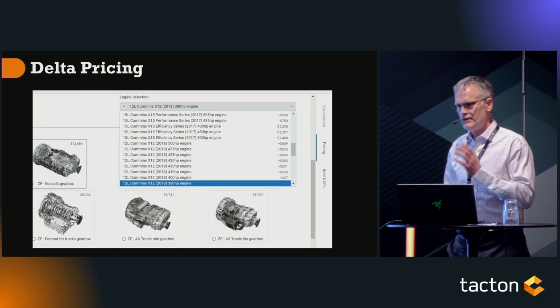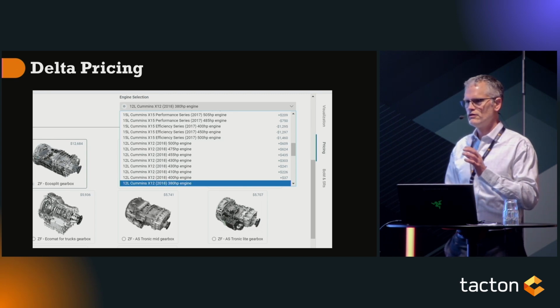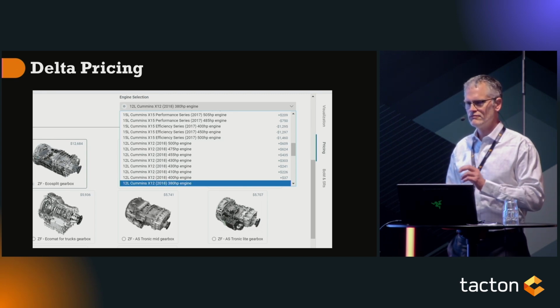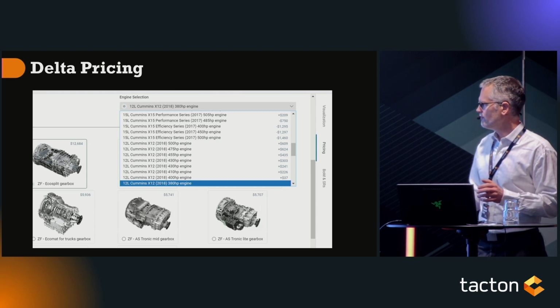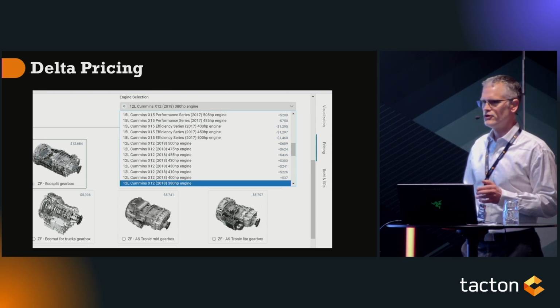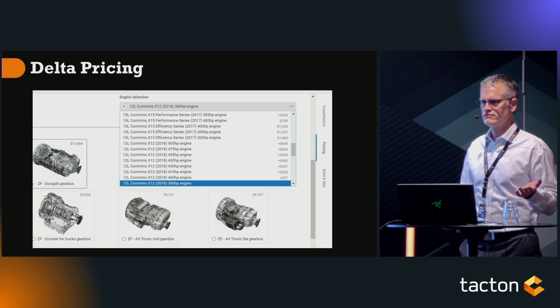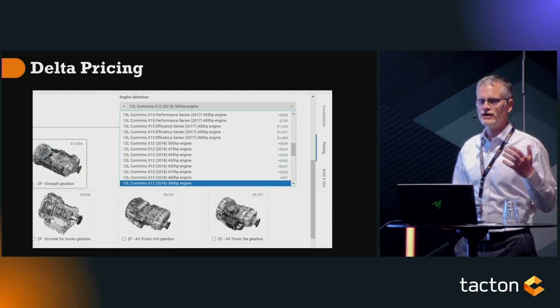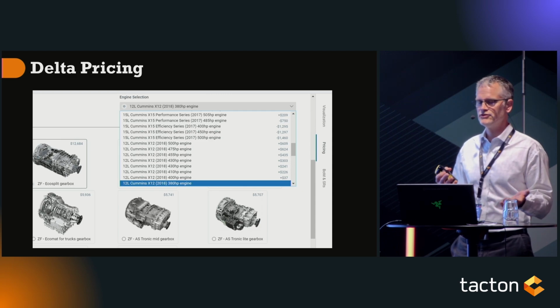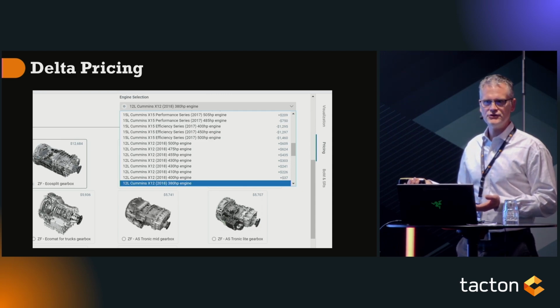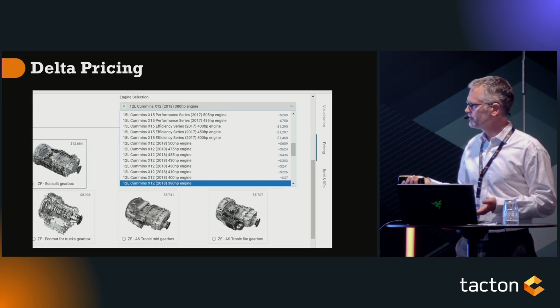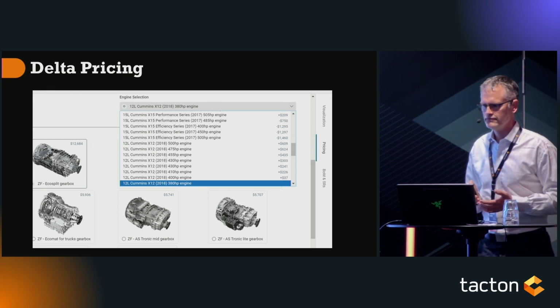This works best for options and accessories, and maybe not as good for central components, because if I were to switch to another gearbox, maybe that means I can't have the big engine. So maybe that changes the entire configuration, and the total price is completely different. We cannot account for that in this one. So it's the price of that addition only.